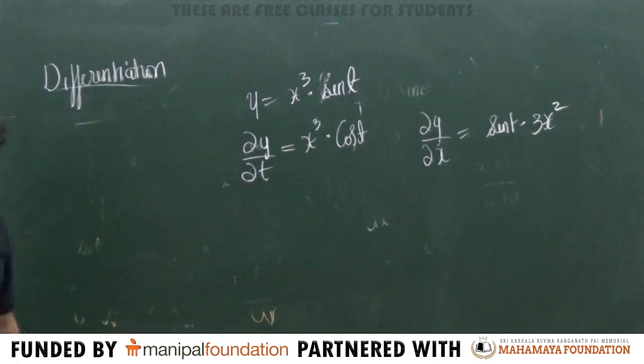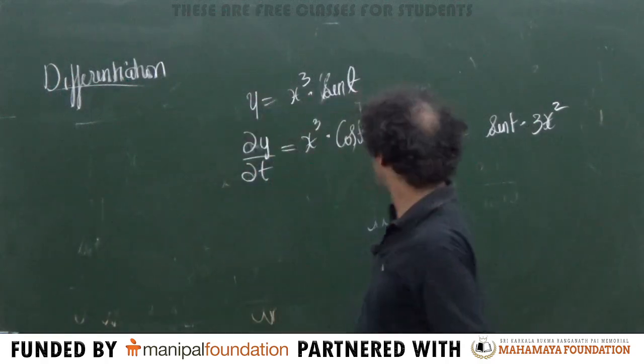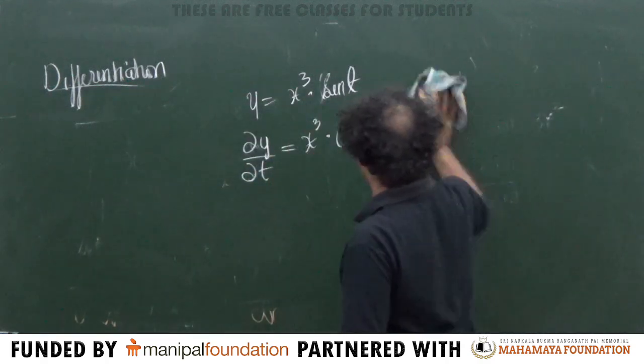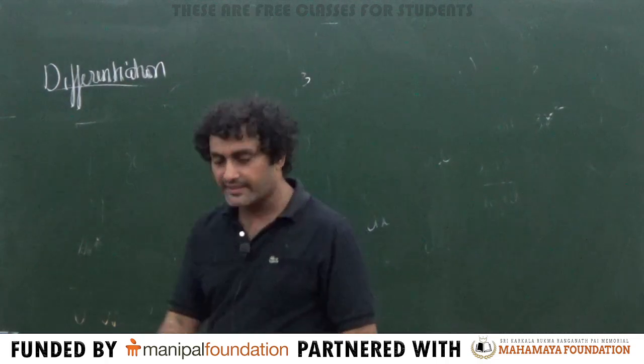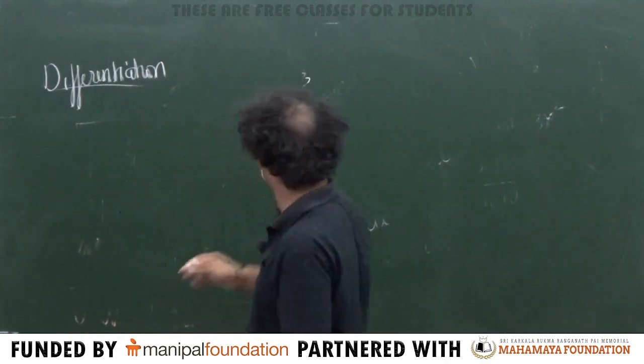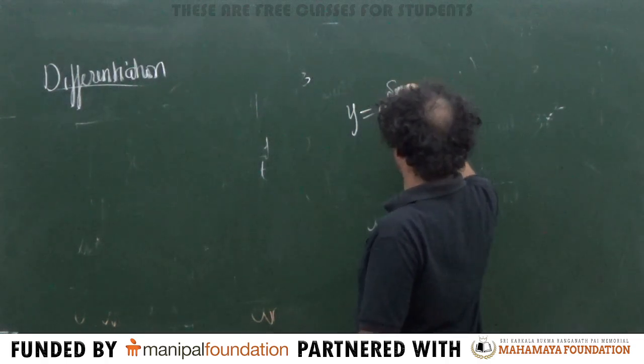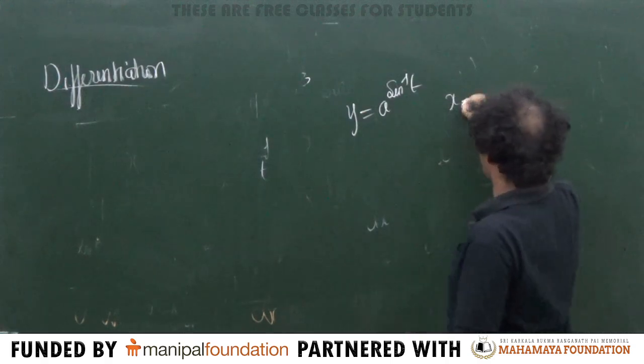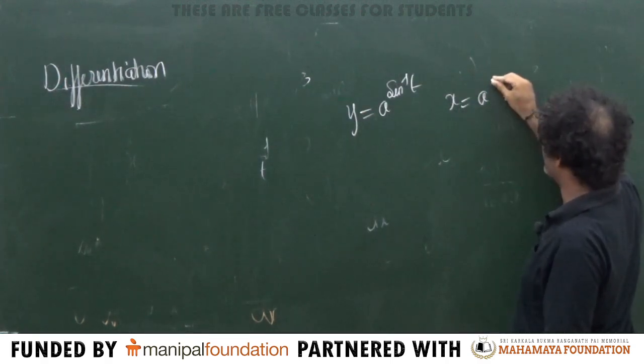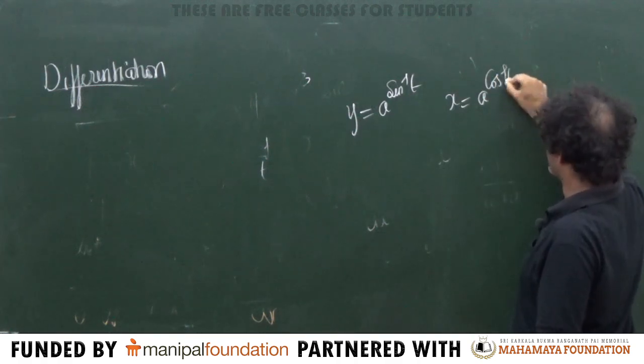I'll just show you one shortcut, which was your board level sum, but in CET we can't afford to spend time. Suppose y equal to a power sine inverse t and x equal to a to the power cos inverse t.